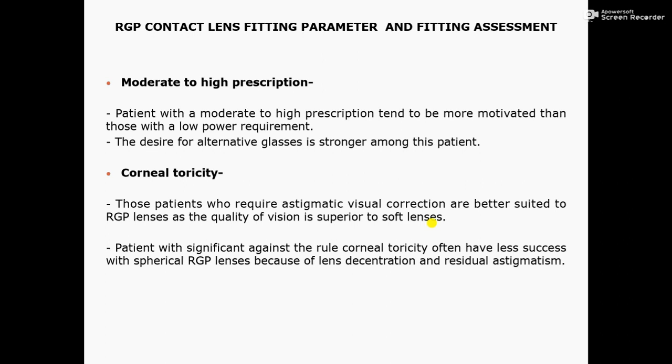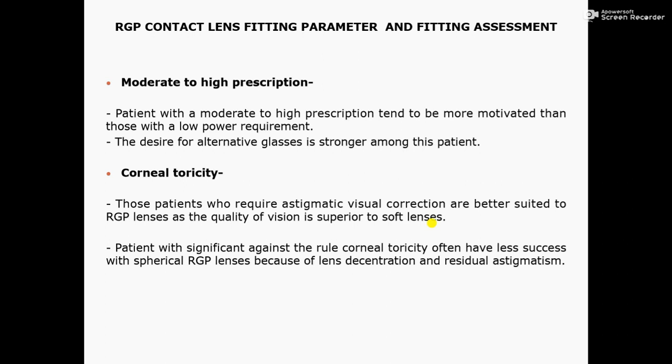Next, corneal toricity. Those patients who require astigmatic visual correction are better suited to RGP contact lens, as the quality of vision is superior to soft contact lens.